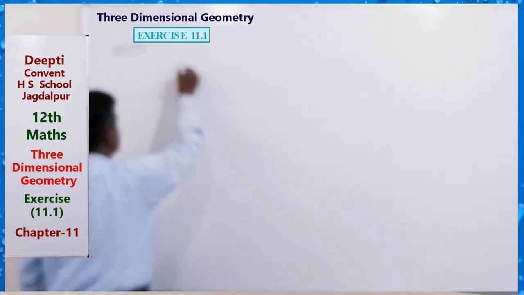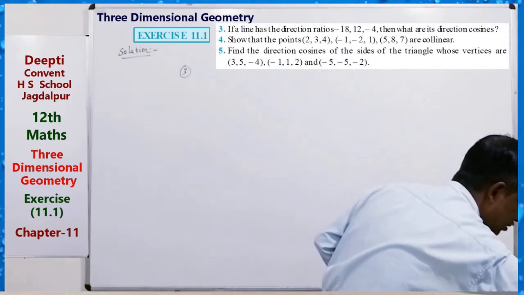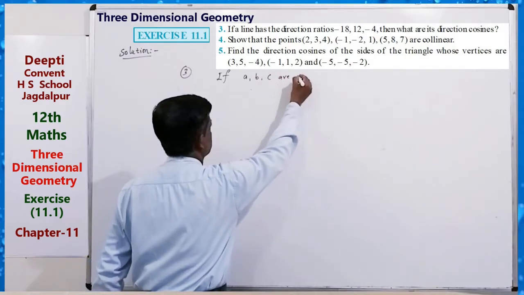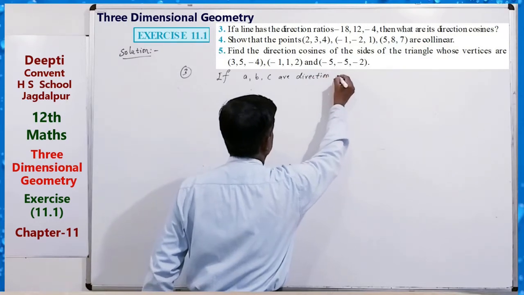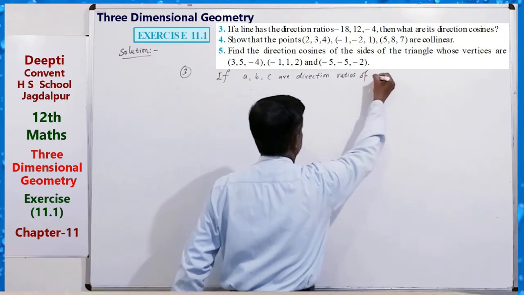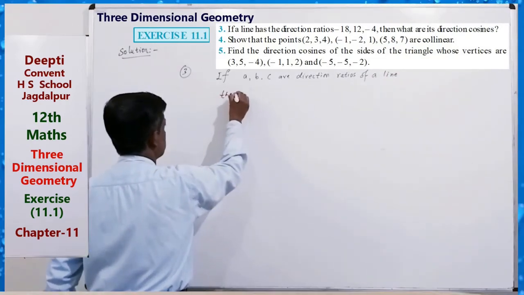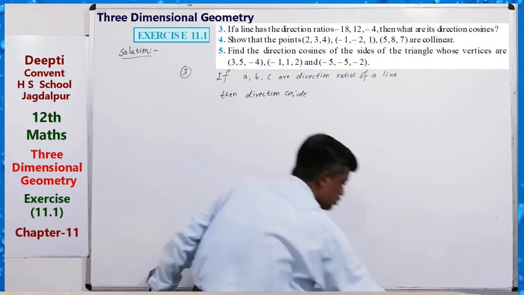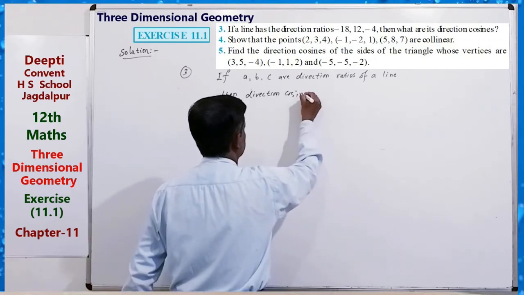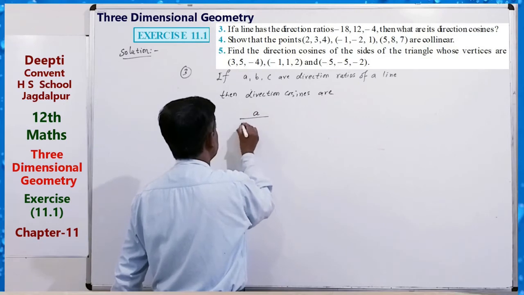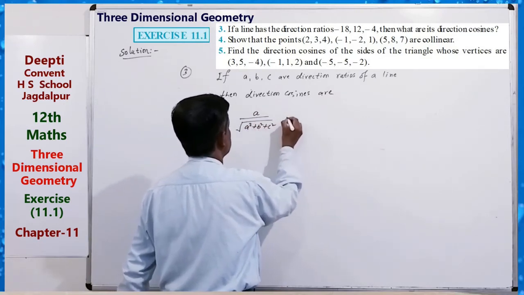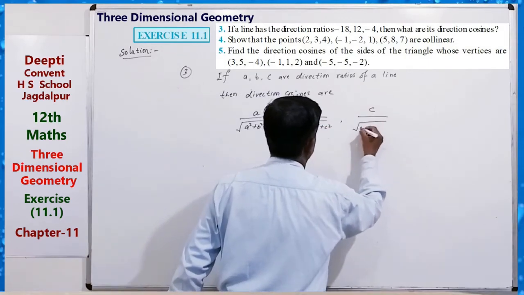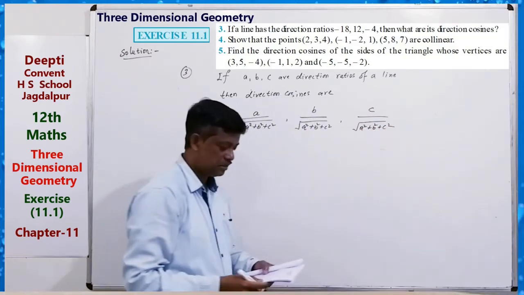So in question third, if A, B, C are direction ratios of a line, then direction cosines are A upon root of A square plus B square plus C square, B upon root A square plus B square plus C square, C upon root A square plus B square plus C square. We know like this. Clear?